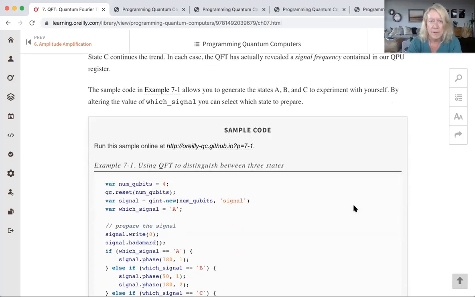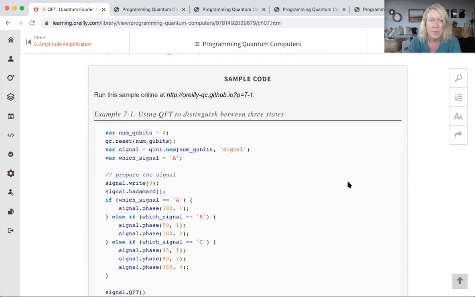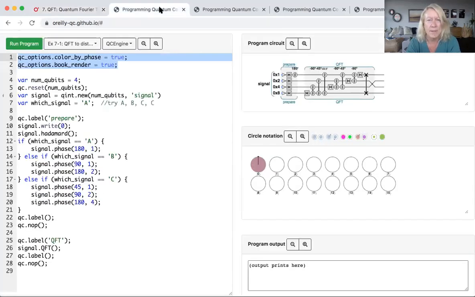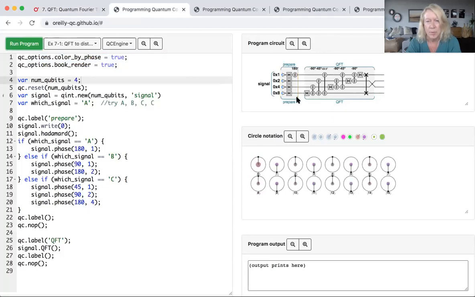And so that's the first code that they want us to work with. So if I go over and I have this code here, you can see that we start with A. And so when we work with A, we're going to get 8 because we start here and then we're prepared, and the magnitudes are all the same, but I forget the technical term for this, the direction of the lines, so the phases are different.